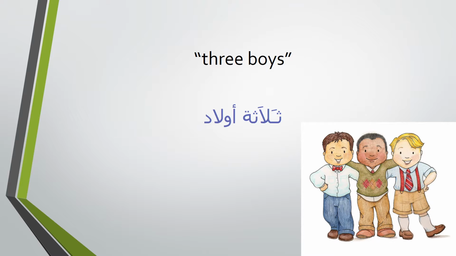You do need to remember that numbers 3 through 10 use the plural form of the noun, thalatha iwalad. Did you notice how the gender for the number is reversed or disagrees with the noun? That's what happens with numbers 3 through 10. Thalatha iwalad, or thalath banat.